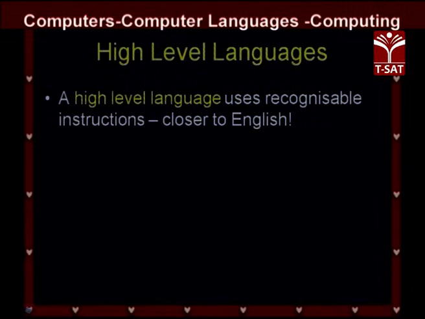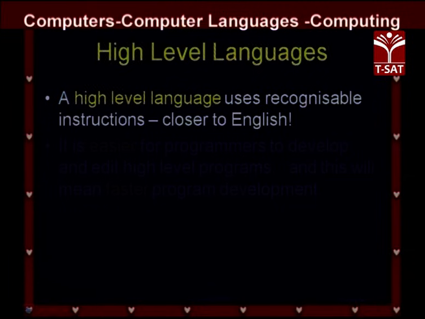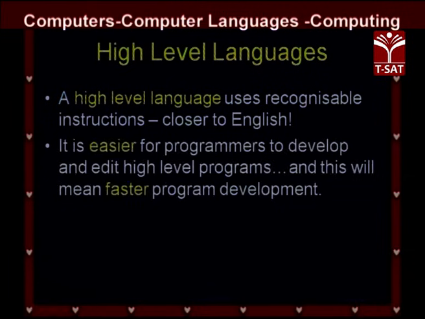High-level languages are very close to English. The developer, the human, can understand this language by reading it. When coming to programming, the programmer, the one who codes or develops the application, will use these high-level languages.